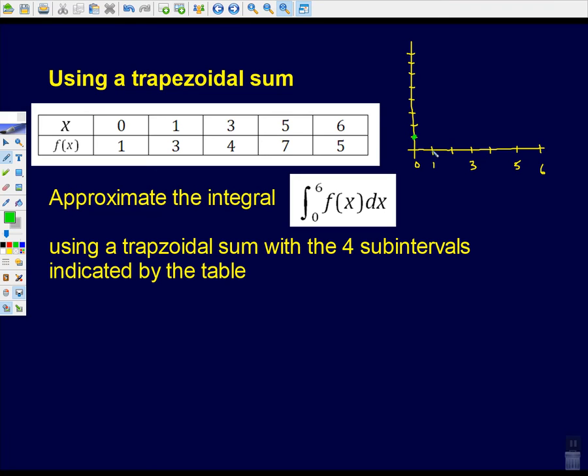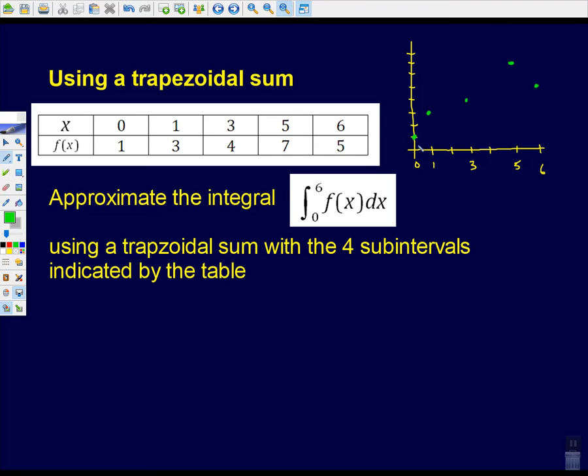F of 1 was 3. F of 3 was 4. F of 5 was 7. 4, 5, 6, 7. And then f of 6 was back to 5. 1, 2, 3, 4, 5. So it is right about there.